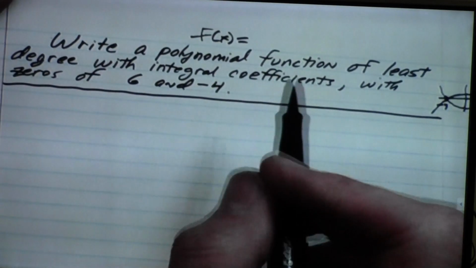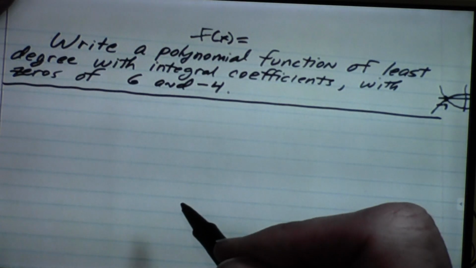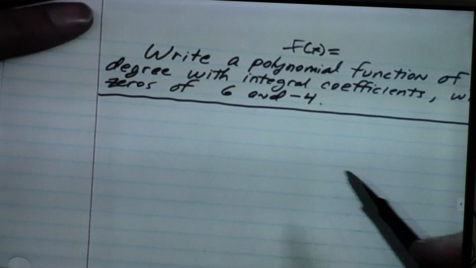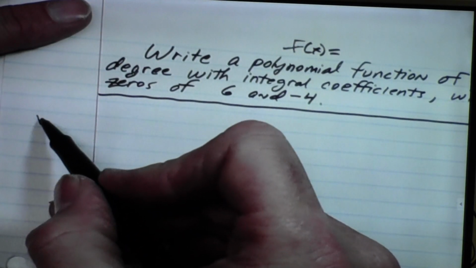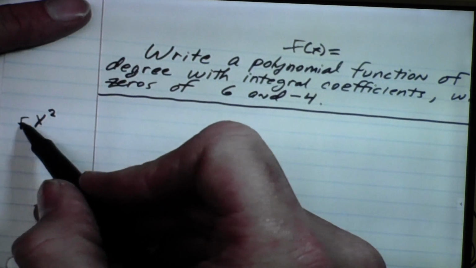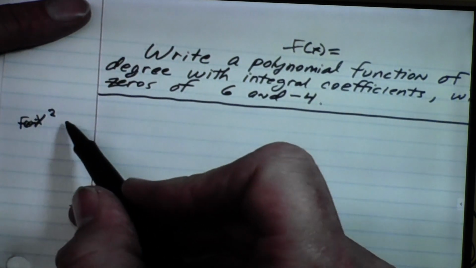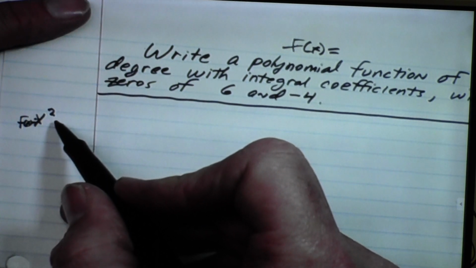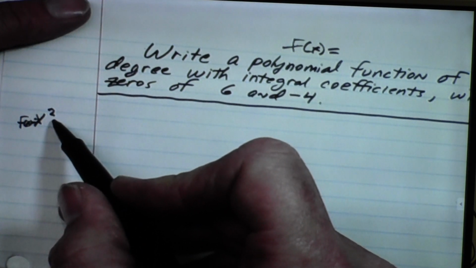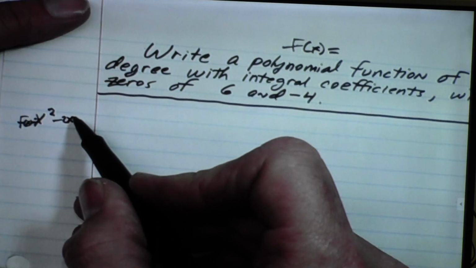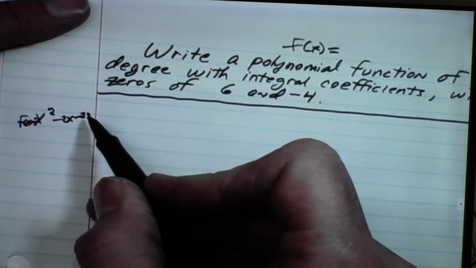So what we do is we go backwards from the way we find the zeros. Originally, you had some kind of polynomial like this. The function of x equals x squared, let's say, plus 2x minus 2x, say, and then plus or minus 24.